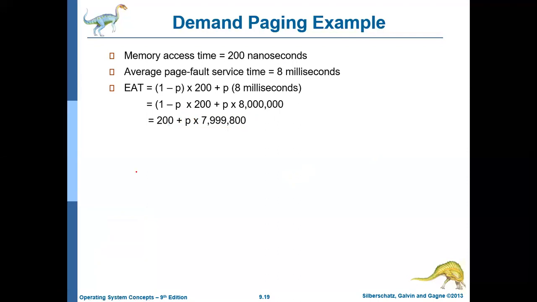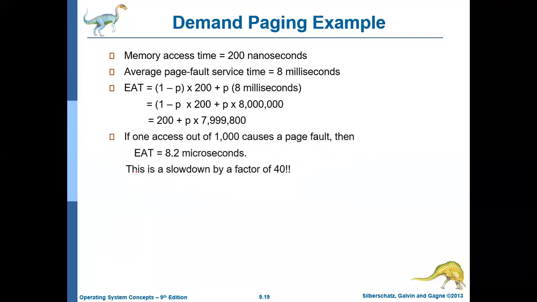Let us assume that there is one page fault out of 1000 memory accesses, that is, out of the 1000 logical addresses created by the CPU, there is only one page fault.